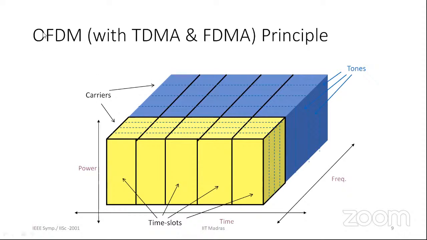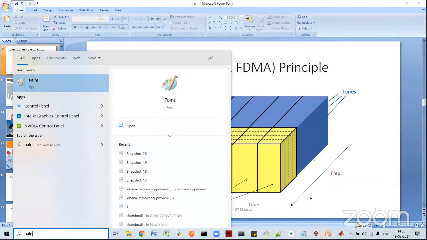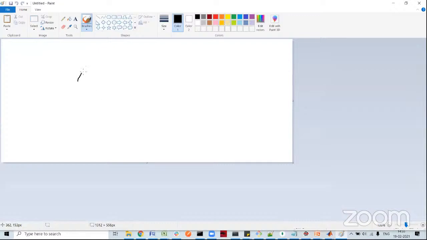We are using orthogonality in OFDM. So orthogonality means one signal is given a 90-degree phase shift, and the next signal will be starting over that 90-degree phase shift. So what will be happening is, due to the time slot defining, automatically this signal won't be distorted with this signal, because we will be receiving based on the time slot only.